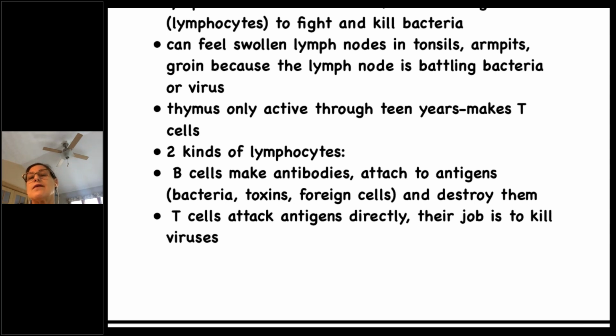Antigens are, just think of them as the bad guys of bacteria, toxins, and foreign cells. So the B cells attach to them and destroy them. The T cells attack foreign bodies directly, and their job is to kill viruses specifically.